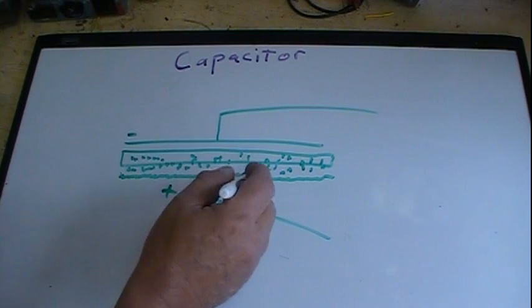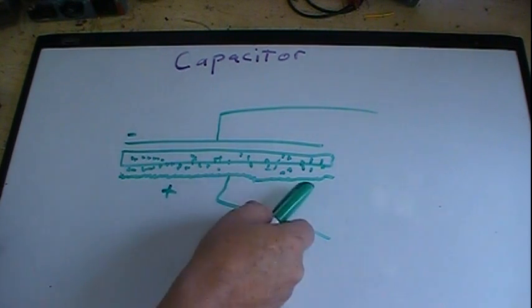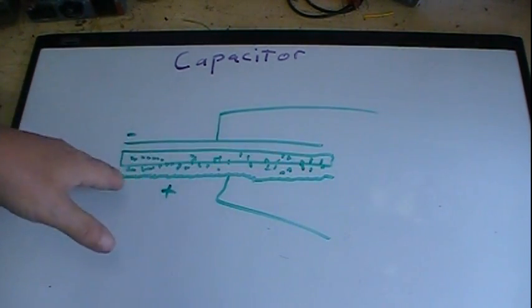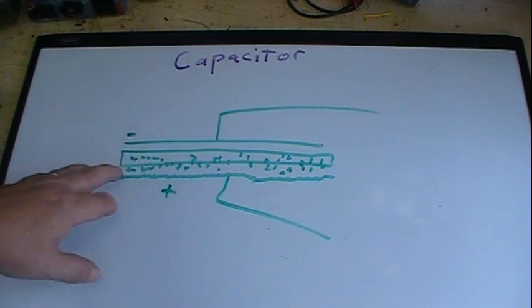Whereas the positive plate is the actual capacitor plate, and it's got an aluminum oxide coating on it that interacts with the hydrogen bubbles, and the hydrogen bubbles actually make up the actual dielectric separation.